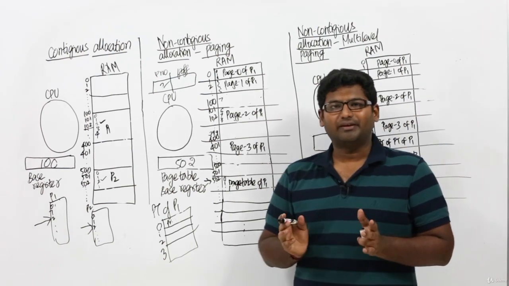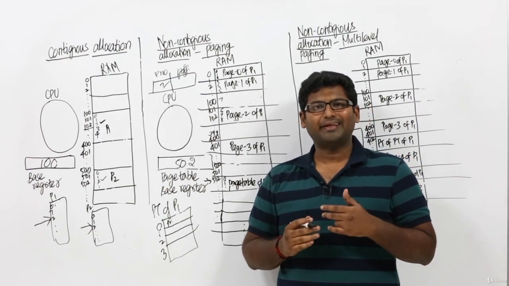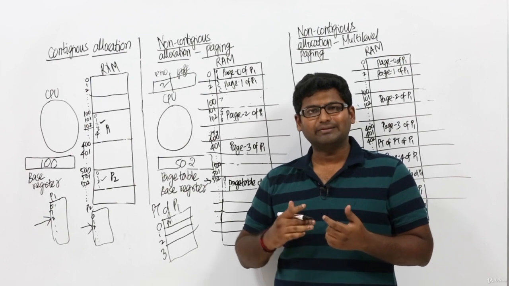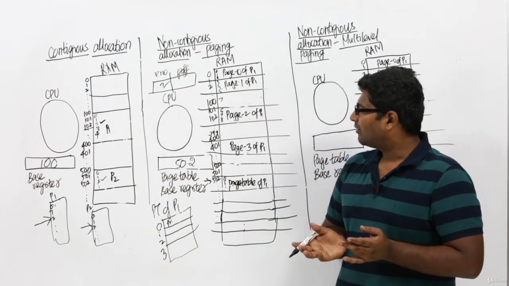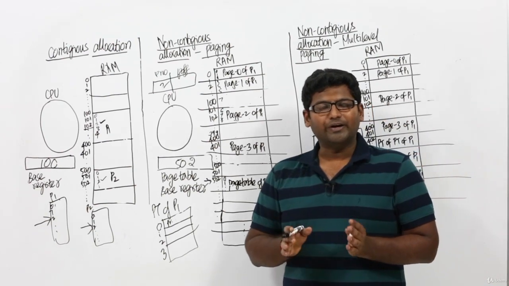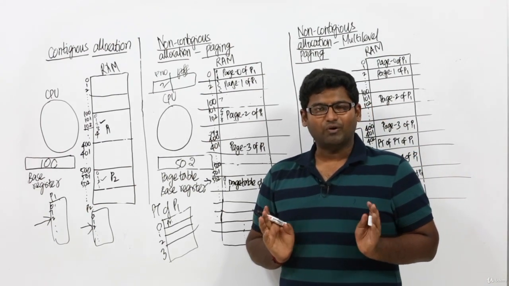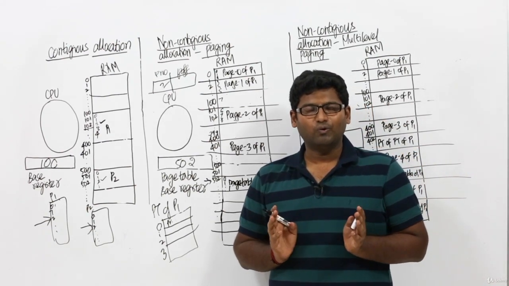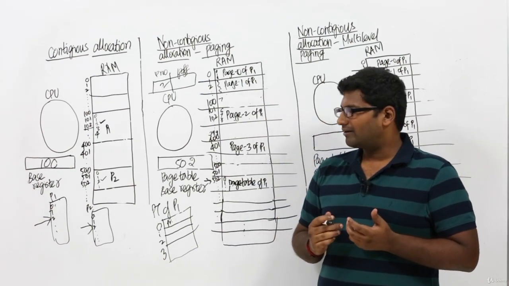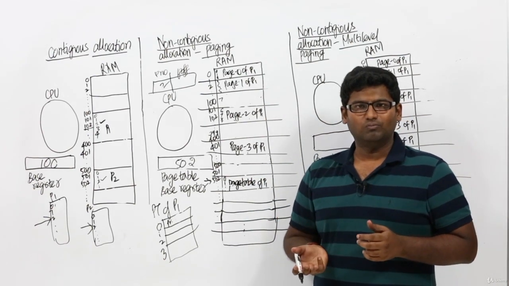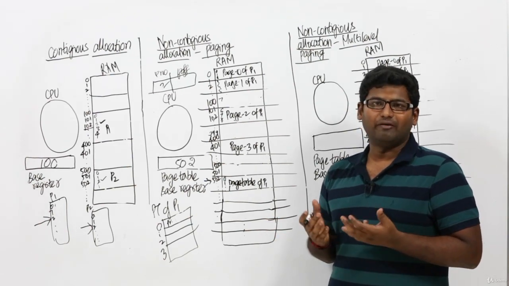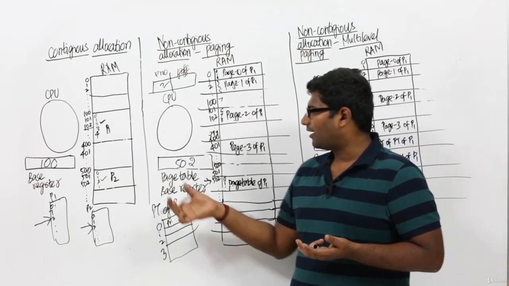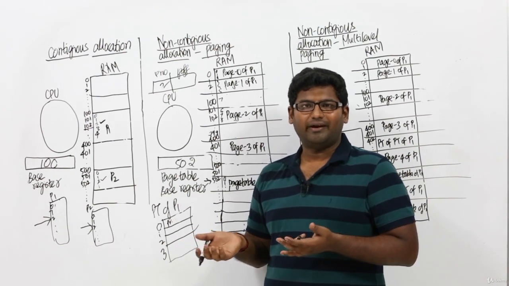You might think that I am explaining these things a lot of times, the same concepts over and over. Some people might feel like that, but the actual intention is that you need to understand the concept perfectly. That is my main motto. Some people might find it difficult to understand in the initial go, so that is the reason I'm telling the intuition behind everything. Why is the CPU generating a logical address? It is not generating a physical address.